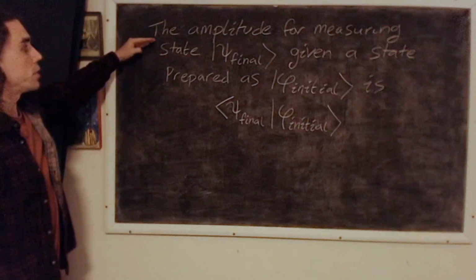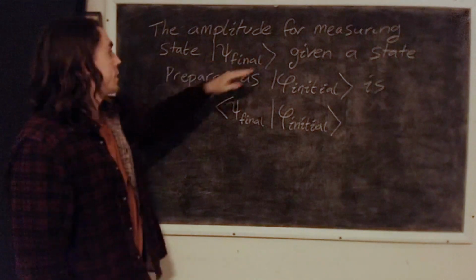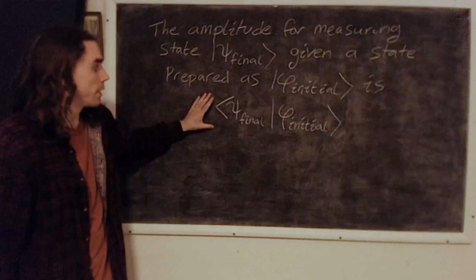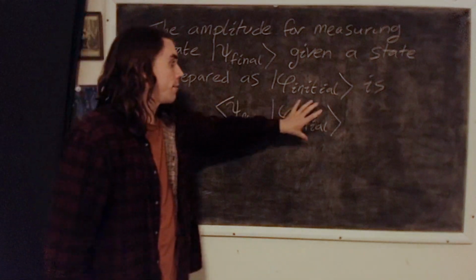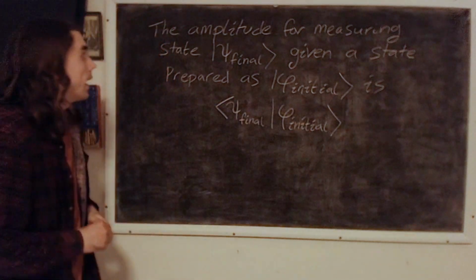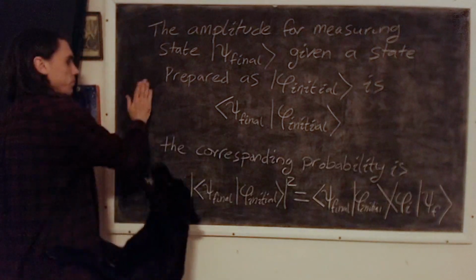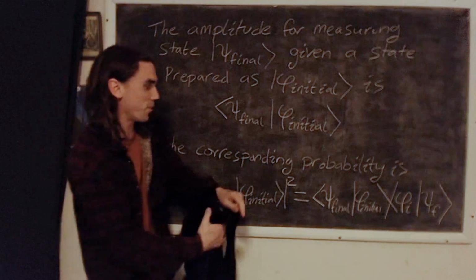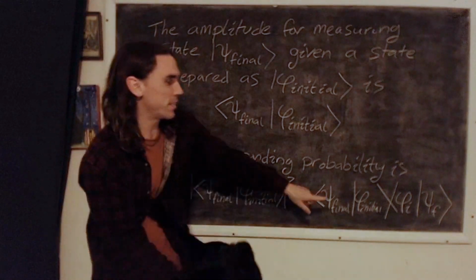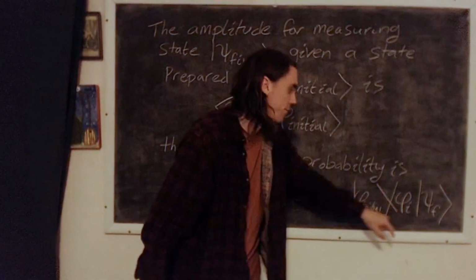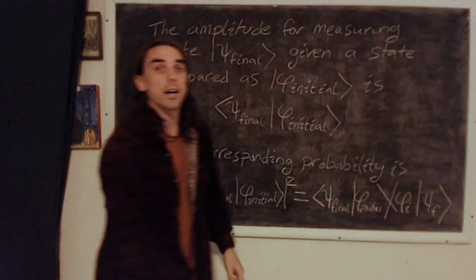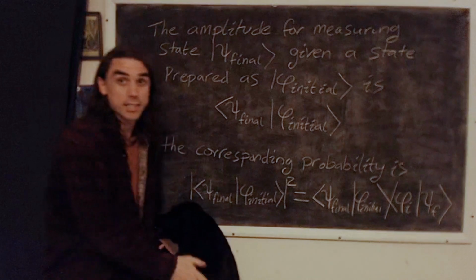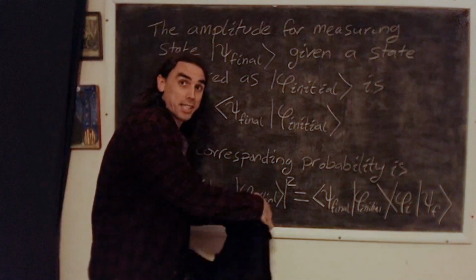The amplitude for measuring a state psi final, given a state prepared as phi initial, is given by the inner product of psi final with phi initial. And the corresponding probability is given, as the Born rule tells us, by the modulus square, where I've just abbreviated phi initial to phi I, psi final to psi f. I know it's very exciting, isn't it, Jeffrey? It's completely general, it doesn't just apply to this particular case.